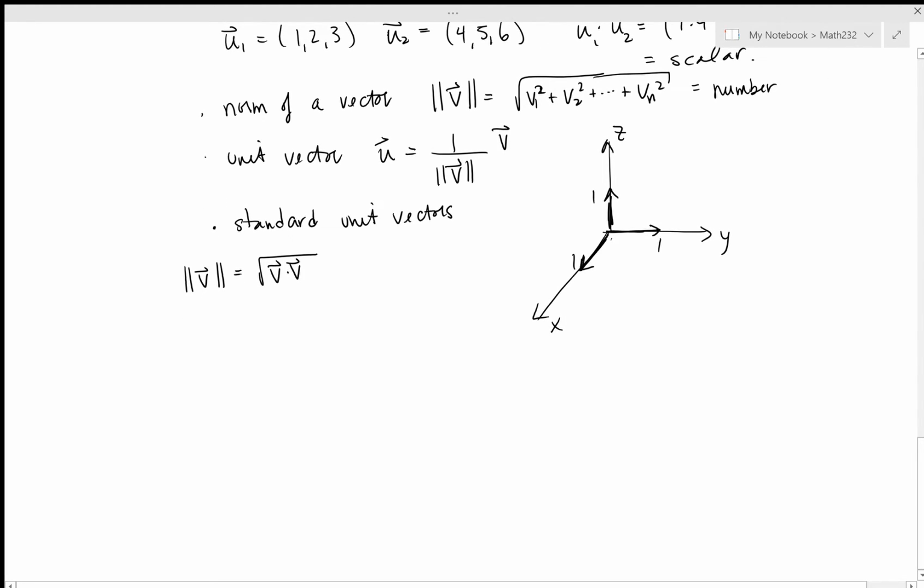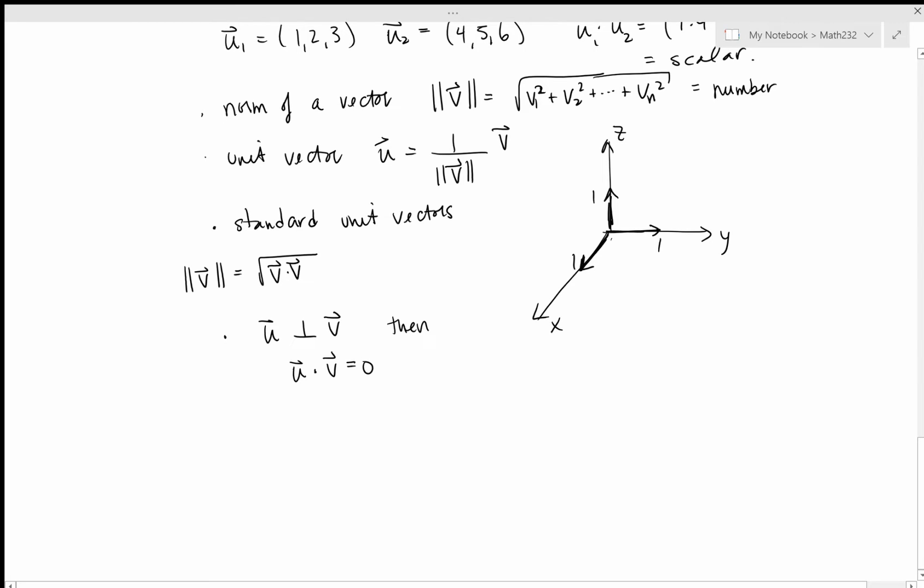What else? Oh, importantly, we realize that the dot product is telling us something about the orientation of one vector to the other. Well, it's telling us a couple of things. If the vector u is perpendicular to the vector v, then the dot product will be 0.